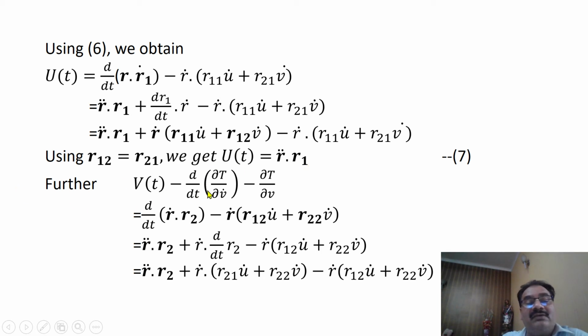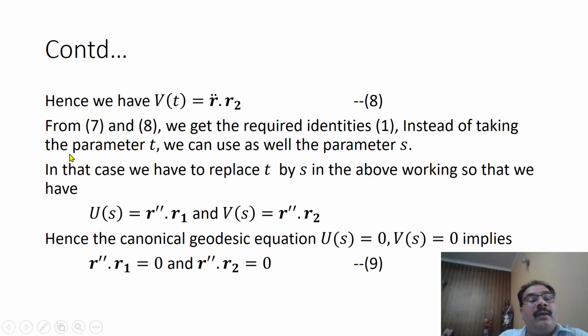Further, V_t = d/dt(∂T/∂v̇) − ∂T/∂v = d/dt(ṙ · r2) − ṙ · (r12 u̇ + r22 v̇). This may be written as r̈ · r2 + ṙ · (r21 u̇ + r22 v̇) − ṙ · (r12 u̇ + r22 v̇). Hence, we have V_t = r̈ · r2. From 7 and 8, we get the required identities 1.